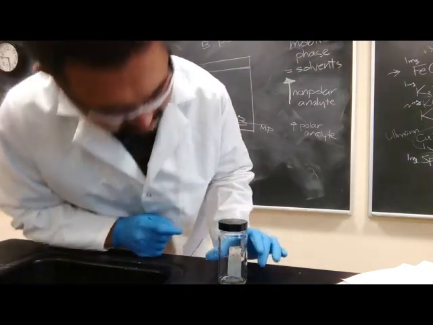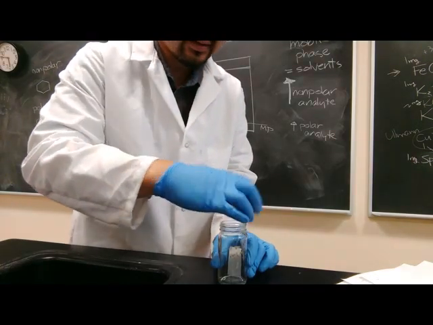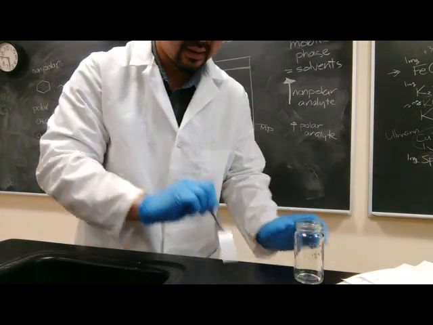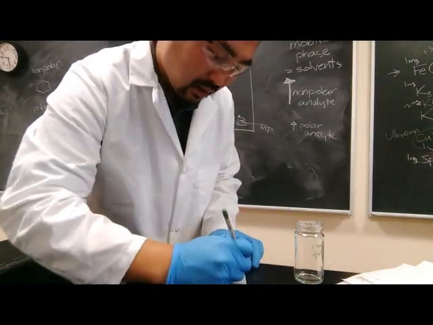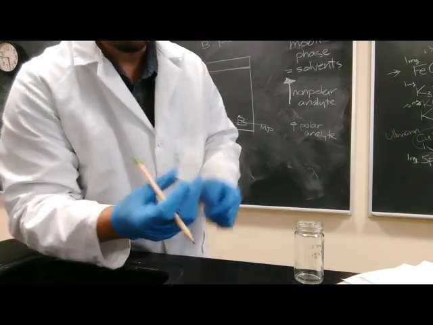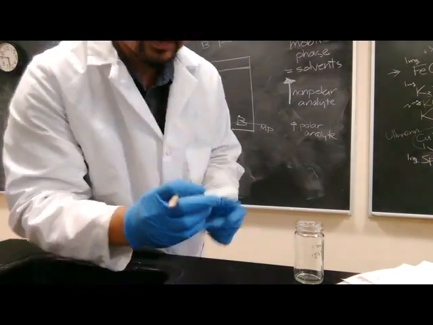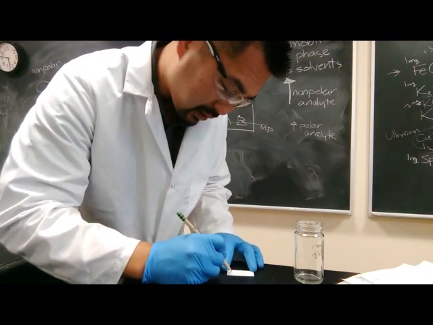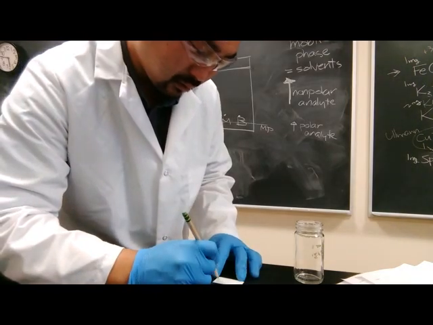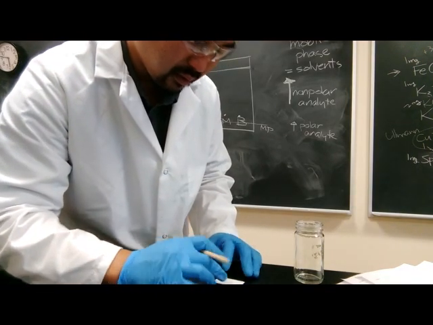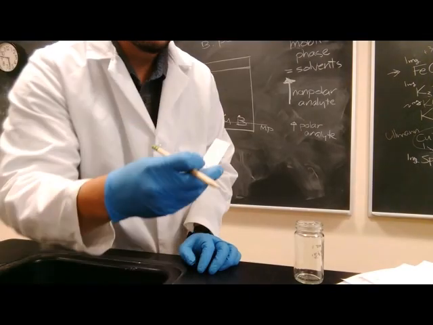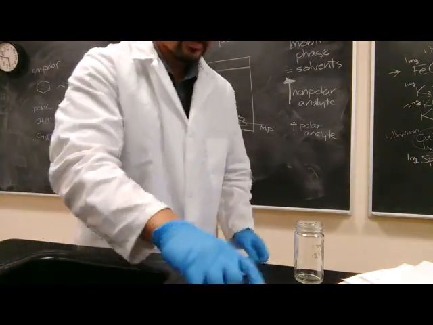So it's slightly premature, but just for the sake of time, let me take this TLC plate out carefully again with tweezers. Before the solvent dries, I just drew a line on the top signifying where the solvent reached. So that's the solvent line. Okay.